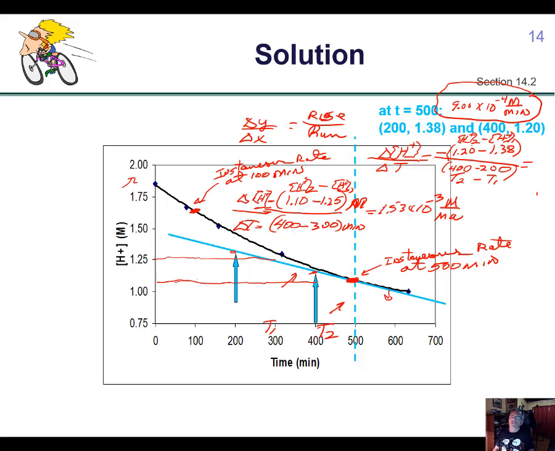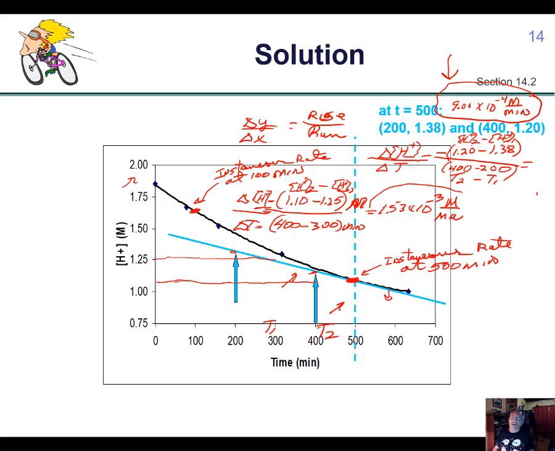It's a lower concentration, so concentration at time 2, 1.20 molar, minus concentration at time 1, 1.38, divided by T2, 400, minus T1, 200, and I wind up with a shallower slope, a lower instantaneous rate at 500 minutes than I had at 100 minutes, which is completely consistent with our original determination.